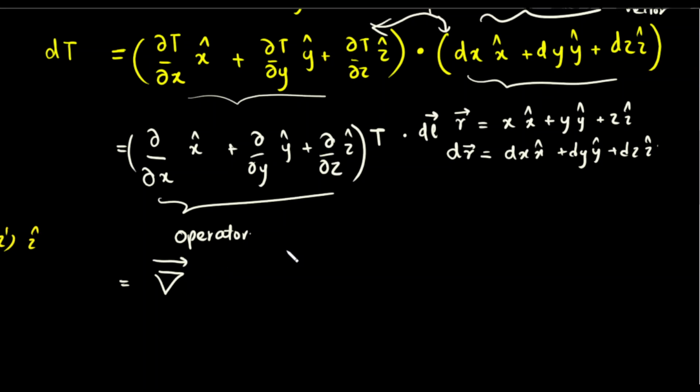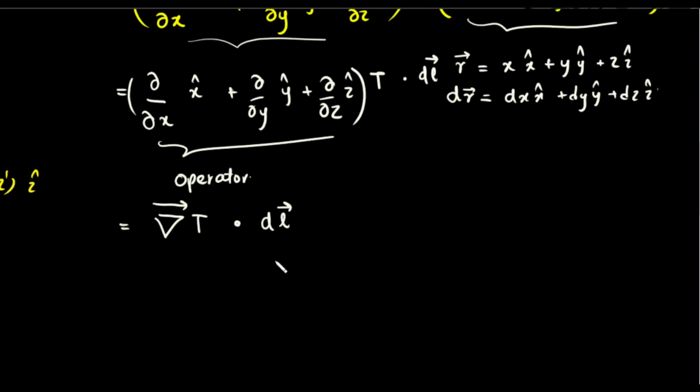So now we have the scalar T, del T dot dl. So actually, this gives you what kind of quantity? This gives you a scalar product, and the final result of this scalar product will be a scalar.